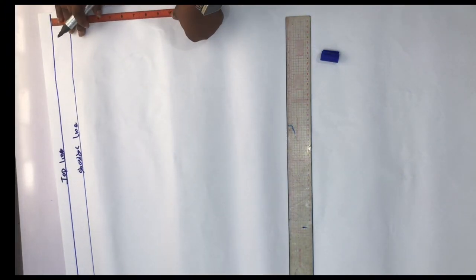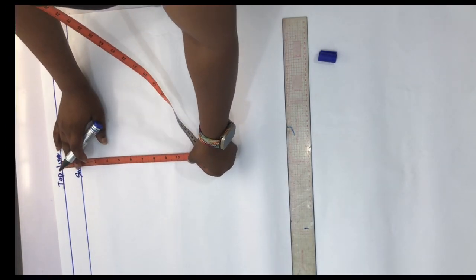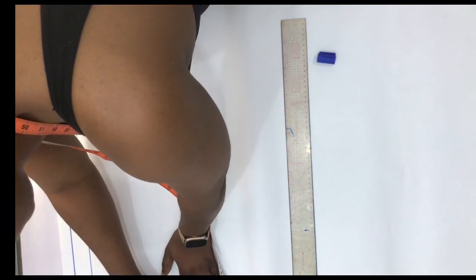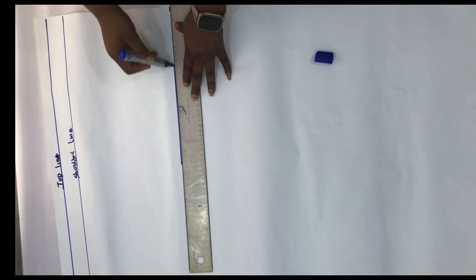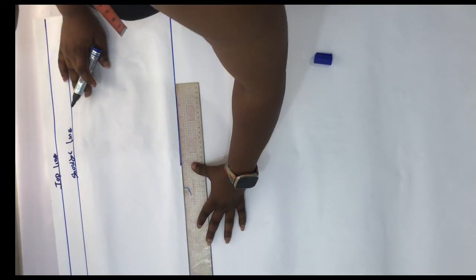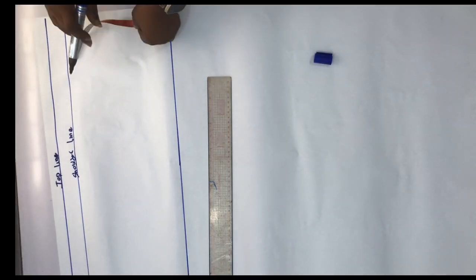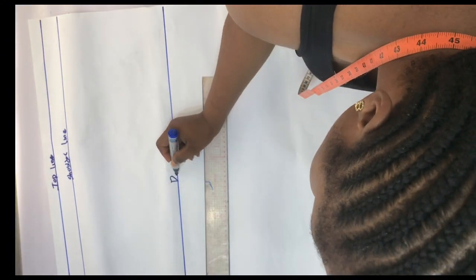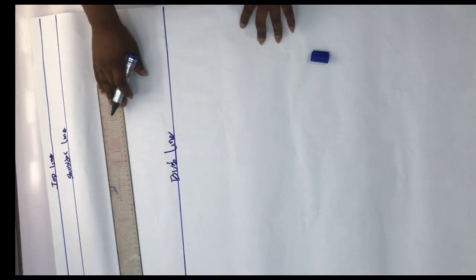So I'm going to be measuring 10.5 inches from the top line to wherever it stops, and I'm going to mark across the paper. So I'm going to go ahead and label it as my bust line.